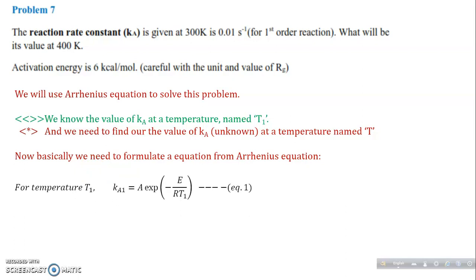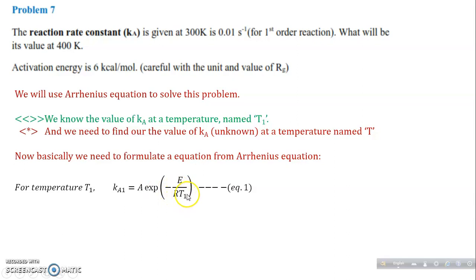At temperature T1, the value Ka1 is known. So the Arrhenius equation we can write down as Ka1, that means Ka at temperature T1, equal to A, the pre-exponential factor, exp minus E by RT1.